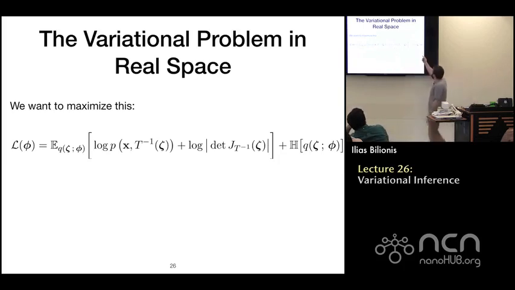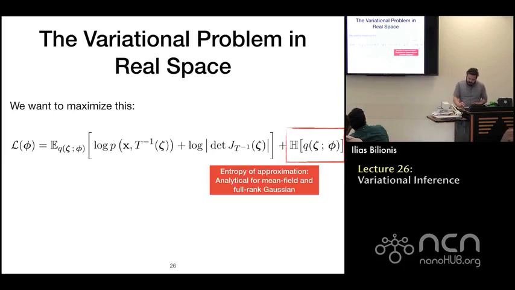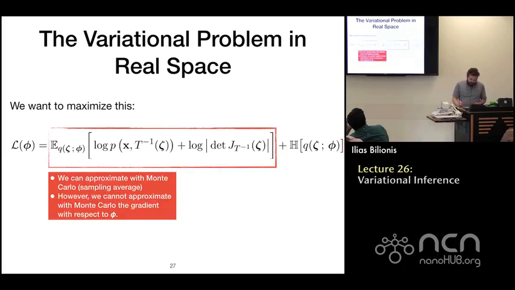Now, what I want you to notice is that this thing here does not depend on the data. The entropy does not depend on the data. This does depend on the data, and it involves an expectation over the posterior, the candidate posterior. It's an expectation over Q. Okay, and you want to minimize this thing. Alright.